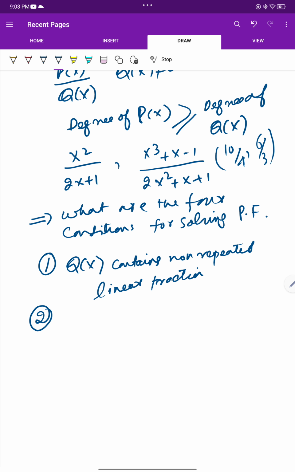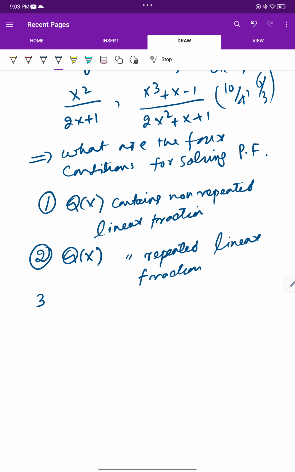You're going to solve it. Another, q(x) contains a repeated linear factor. Third, q(x) contains a non-repeated quadratic factor.